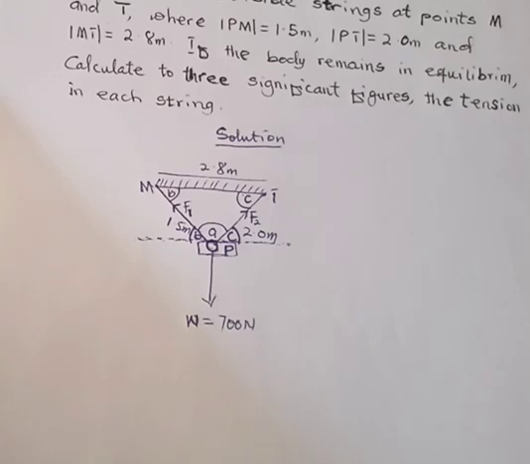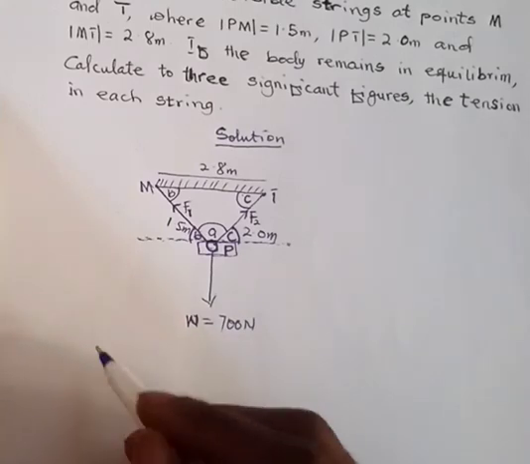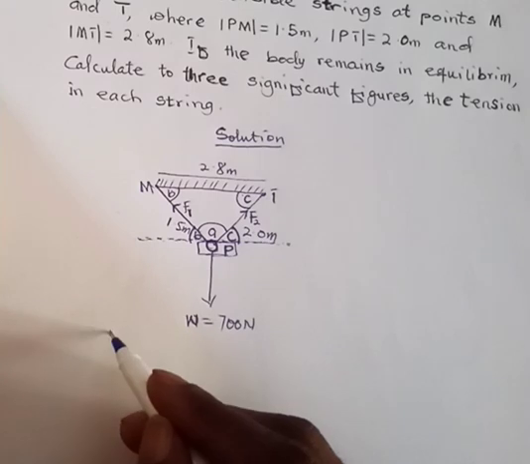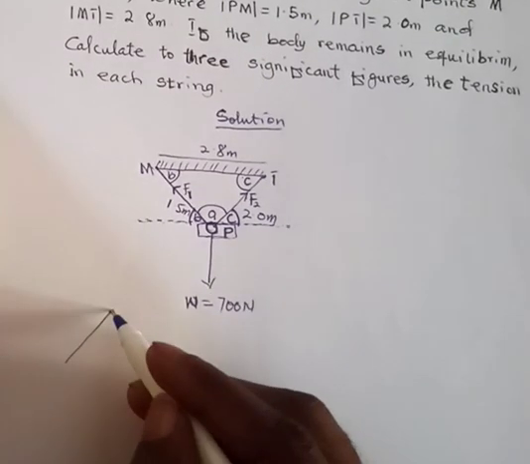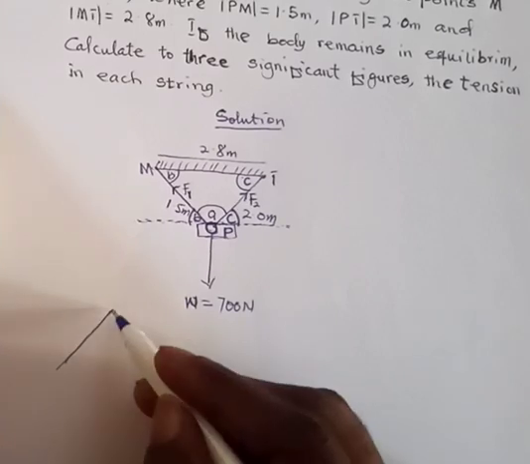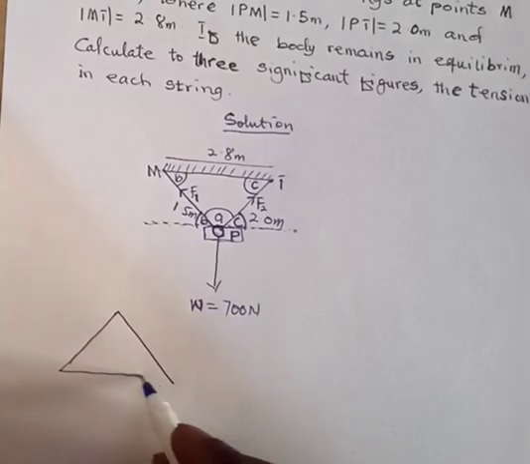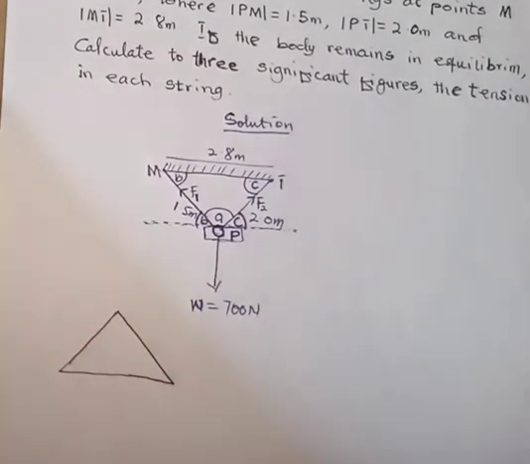So in a case where you have this triangle of forces, let's say you have this triangle here. This is what we call a triangle of forces. When you have three forces in equilibrium at a point, then we can apply this approach.